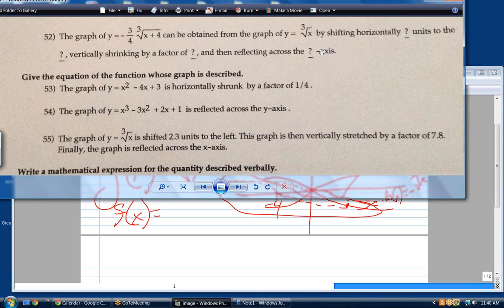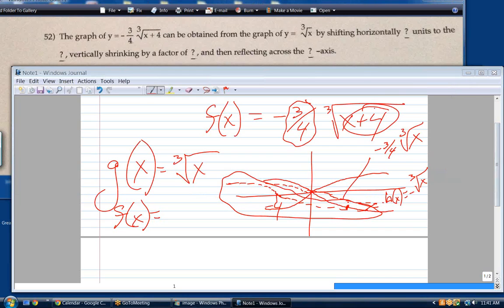Now, one thing I notice here: if you have a horizontal shift and a horizontal reflection, you can do them in either order. Doesn't matter. But if you have a vertical shift, let's take an example.